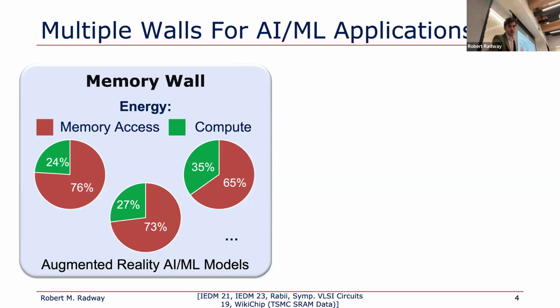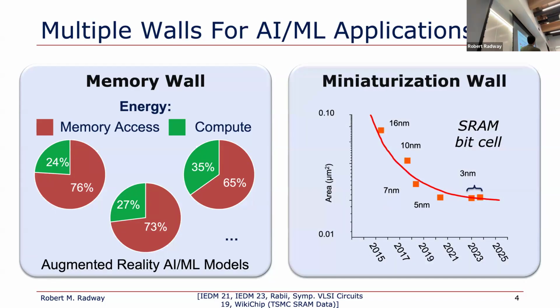And unfortunately, the traditional approaches that we have to solve this problem are no longer scaling. So everyone's heard of Moore's Law? Yes, okay. So Moore's Law is actually a cost argument. It's that every year or so, we get twice the devices for the same cost, or each device gets half as expensive.